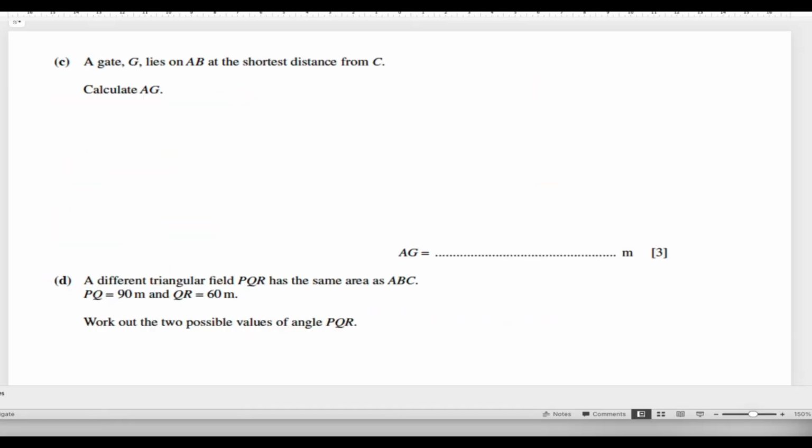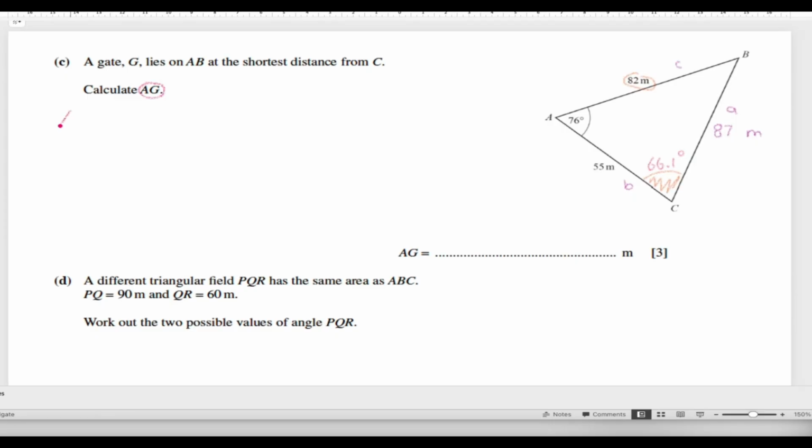Let's have a look at C. A gate G lies on AB at the shortest distance from C. Calculate AG. We have to calculate AG. Okay, so what we can do is we can say that AG is equal to 55 multiplied by the cosine of 76 degrees.